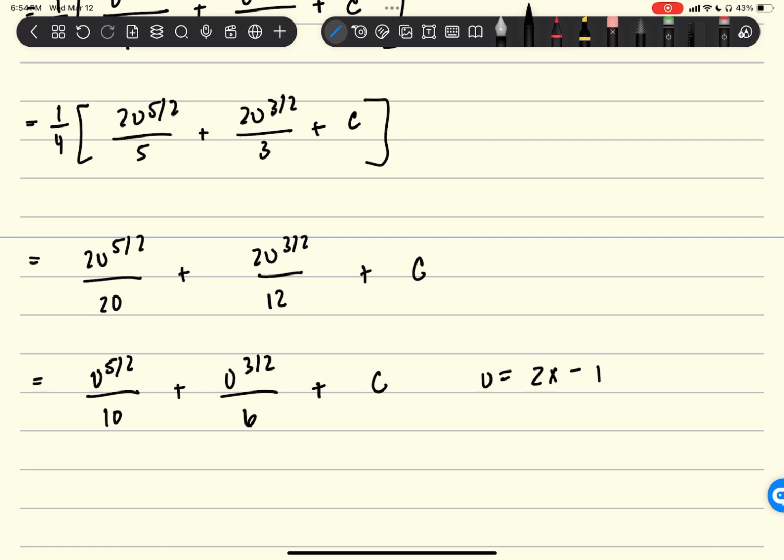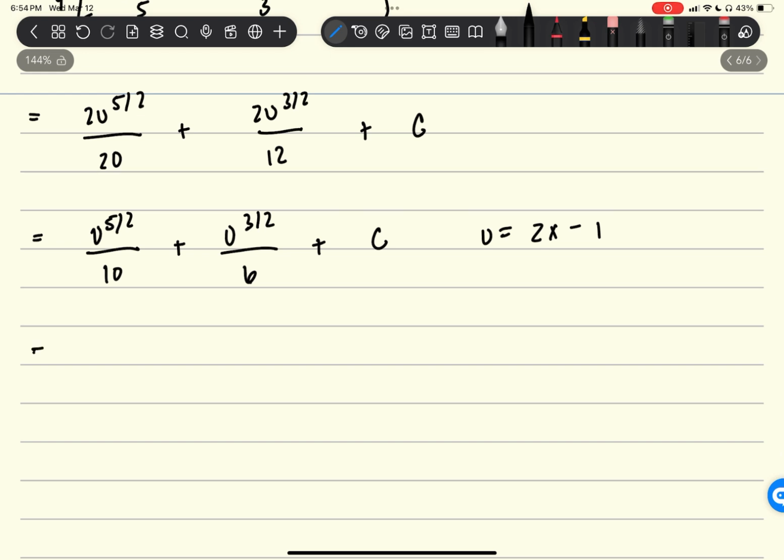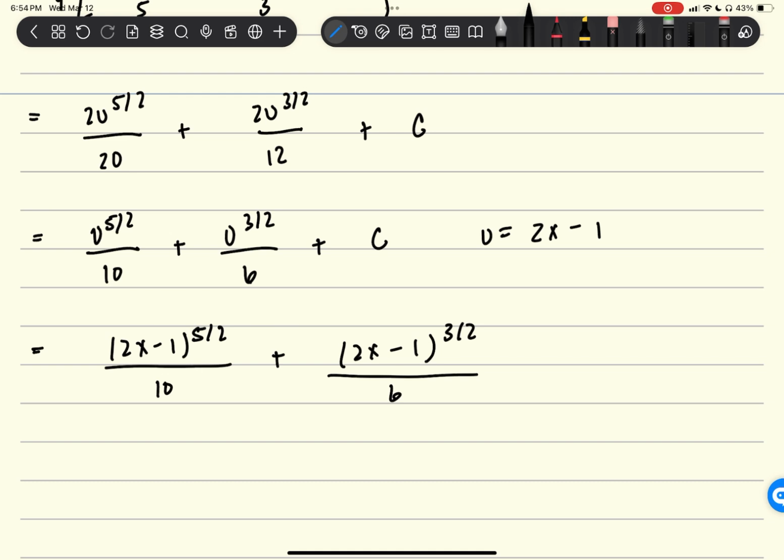So the integral of the entire expression is going to be equal to 2x minus 1 to the 5 halves power divided by 10 plus 2x minus 1 to the 3 halves power divided by 6 plus c.